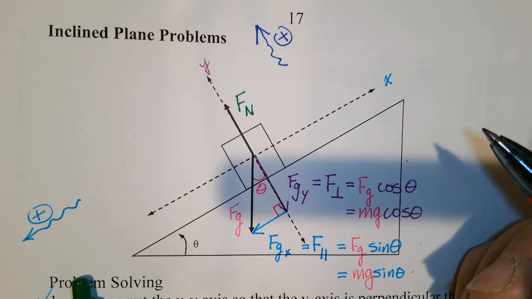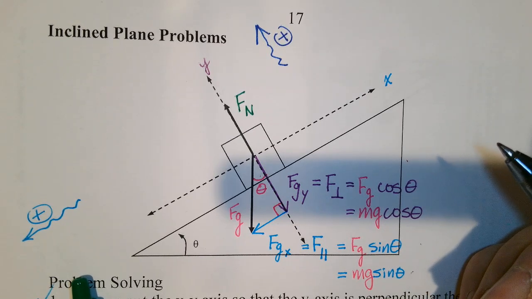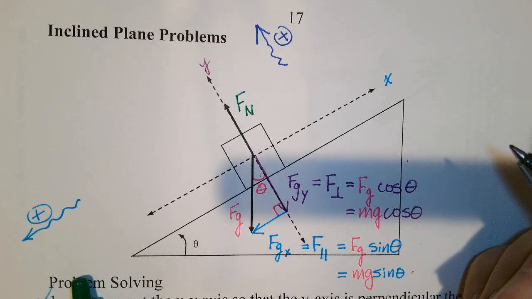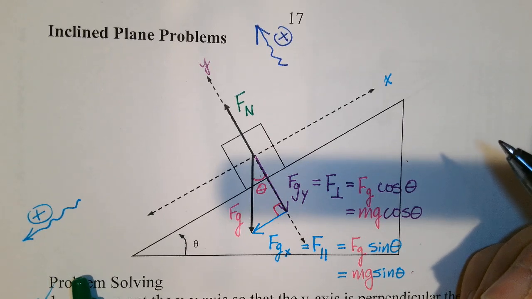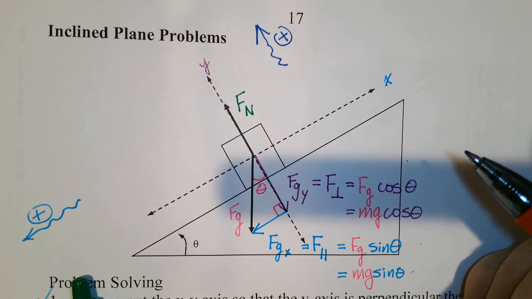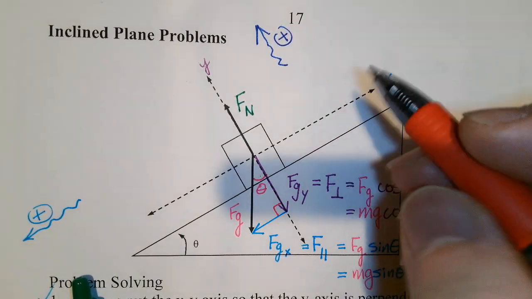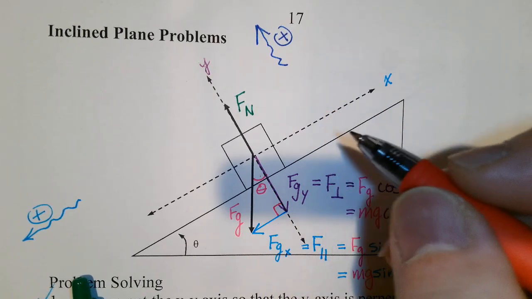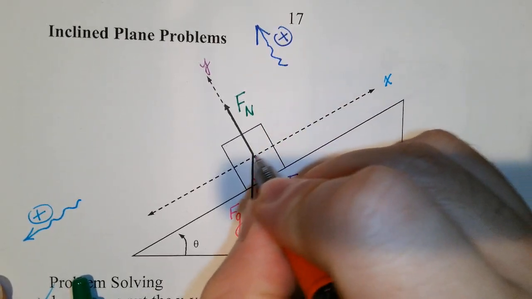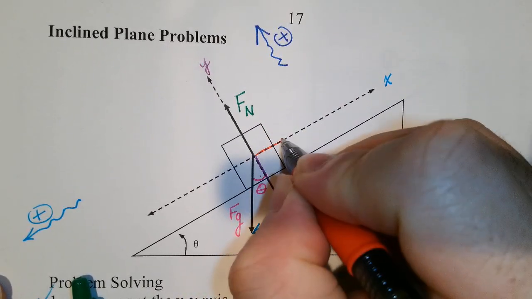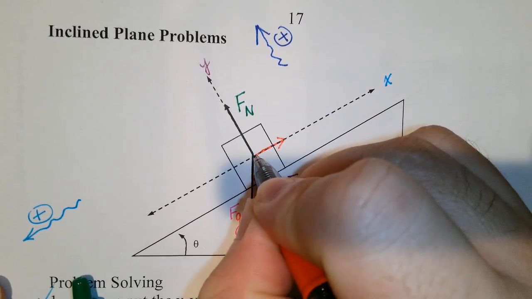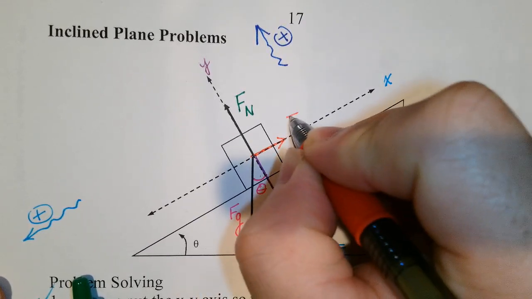Against the direction it's sliding, or not sliding? Okay, let's say it is sliding, but it is not sliding as fast as it should be. So which way would the friction be? Upwards. Right. Good. So here would be the friction right here. This would be the friction.